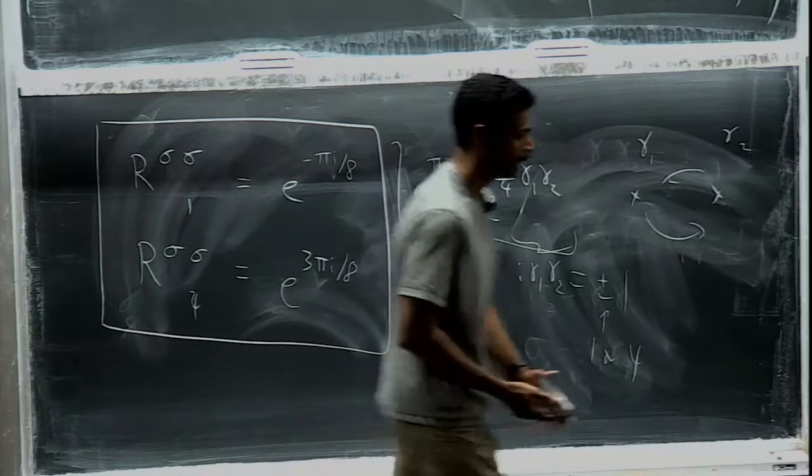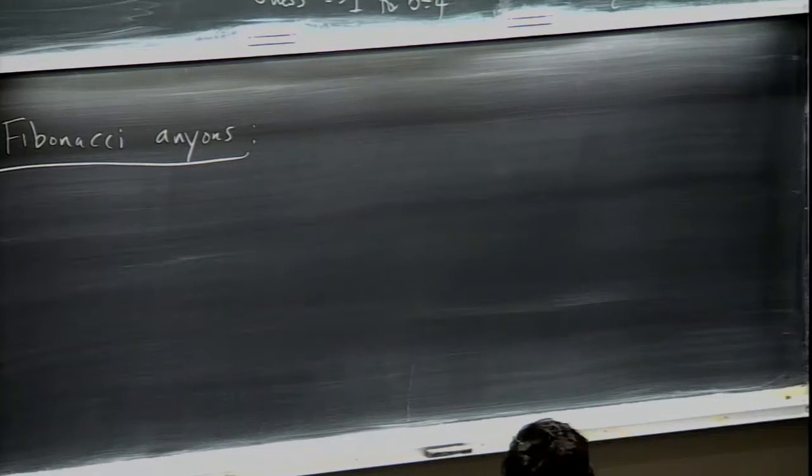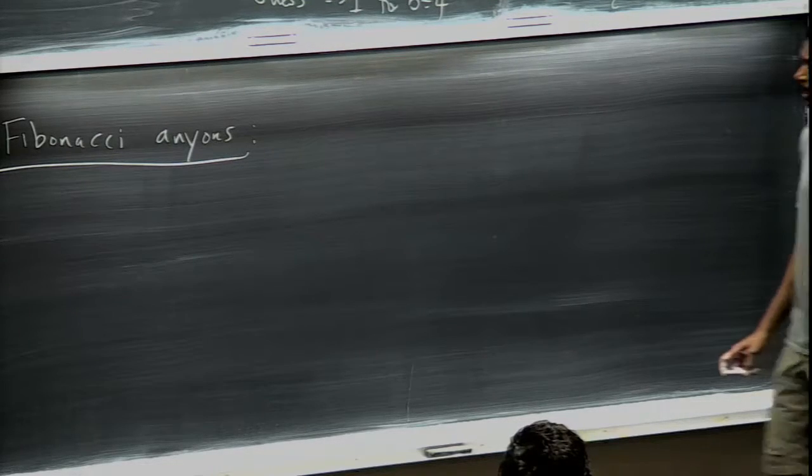I want to talk about another type of non-abelian anyons: Fibonacci anyons, which are either the second most or second simplest or first simplest type of non-abelian anyons.